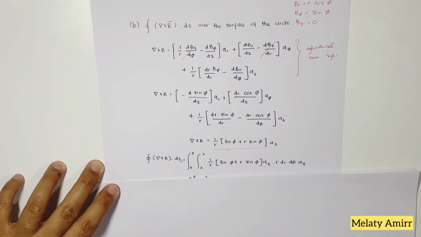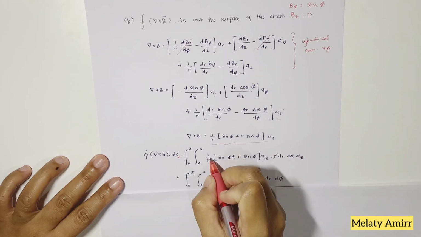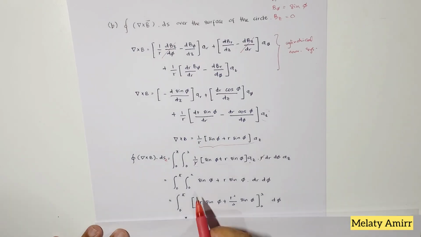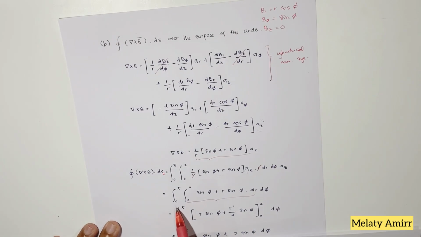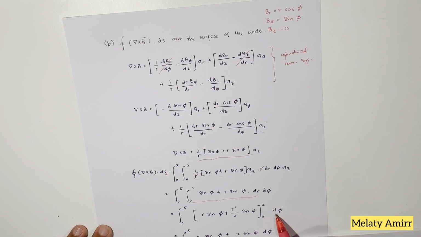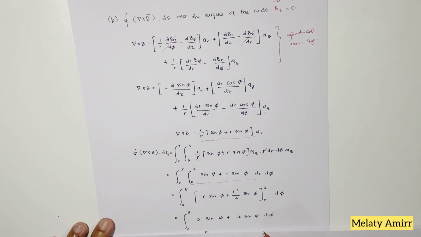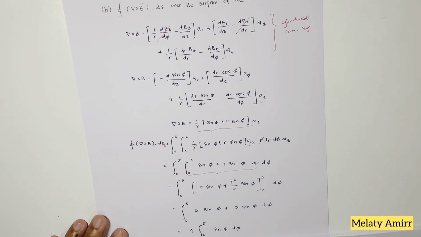So now we can solve it. You can cancel out this r, and then solve the first one with respect to dr, and the second part you can solve with respect to dphi.